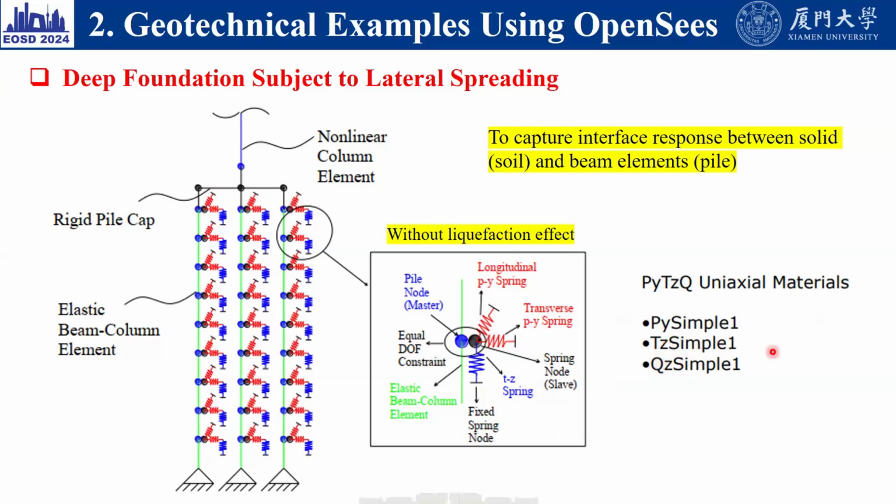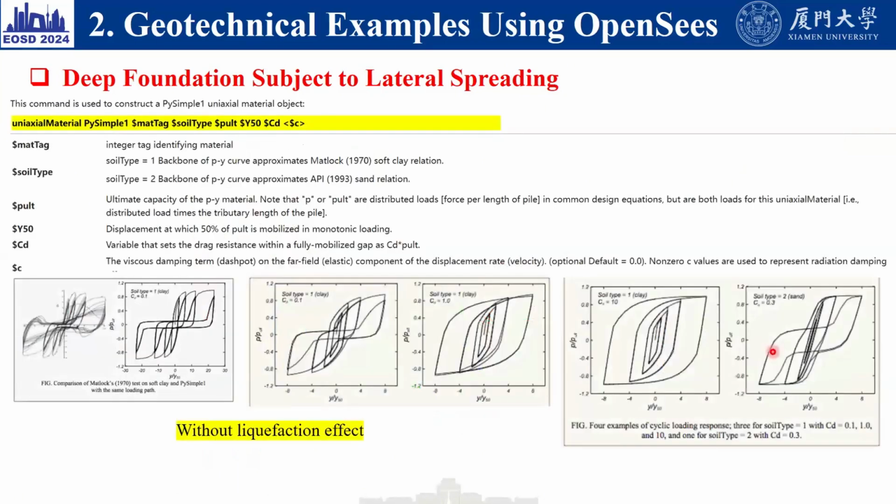So let's look at PySimple. We have a material tag, and we have the soil type. For soil type, one is the backbone curve or PY curve for soft clay, which approximates Matlock. This one is widely used. If you put two here, this is the backbone curve of PY for sand, approximating API.